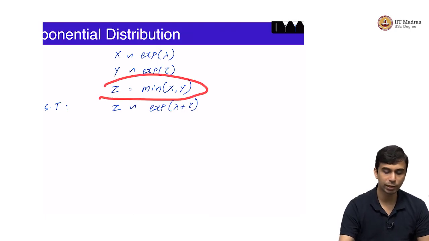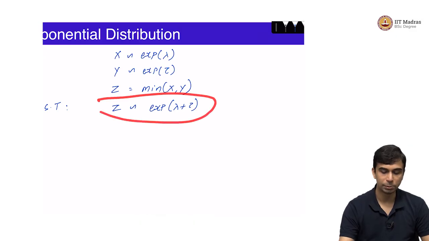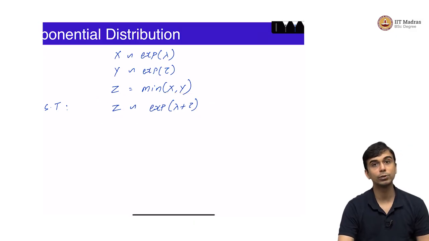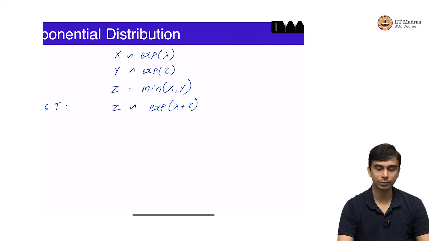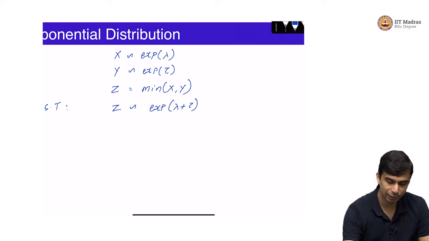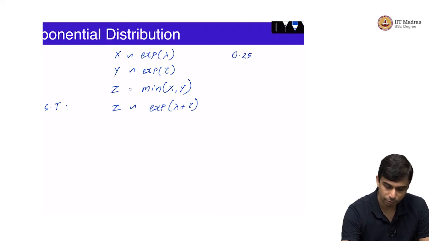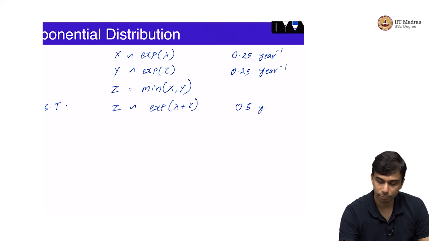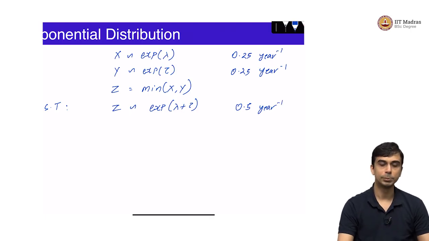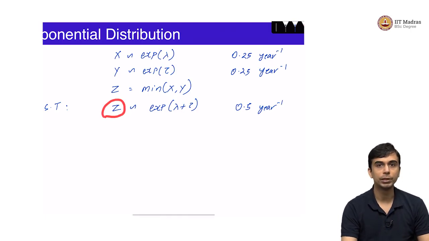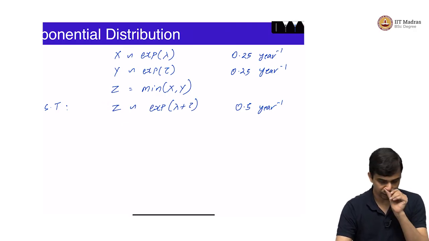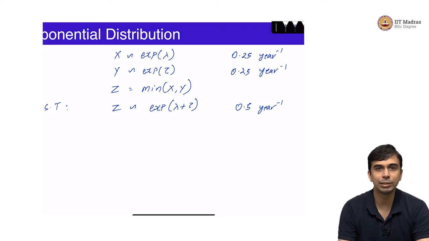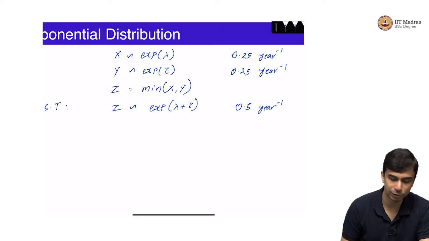So Z is equal to min of X comma Y. What this simple theorem states is that the failure rate of Z is also exponential with lambda plus tau, and that is natural in the sense that if X has a failure rate of 0.25 per year and Y has 0.25 per year also, then Z would be 0.5 per year, which means that the expected value of Z is going to be equal to 2. That is intuitively obvious, but we still have to prove this.